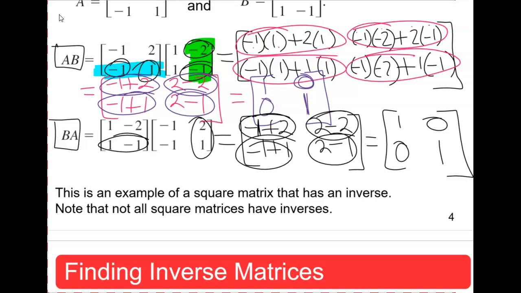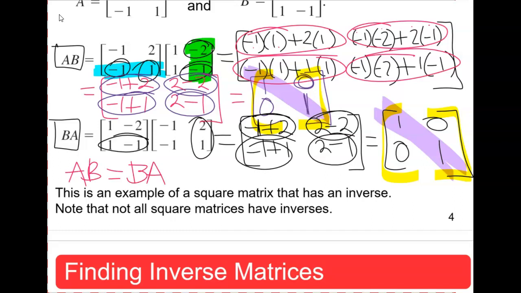So as you can see, in both cases, we obtain the identity matrix. We have ones across the main diagonal and zeros everywhere else. So in this case, it is true that AB equals BA, because they both equal the identity matrix.